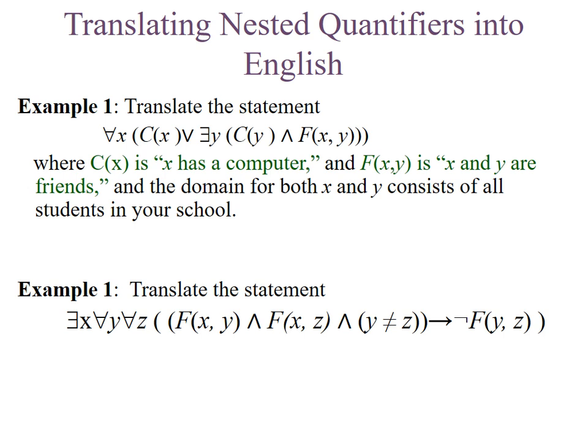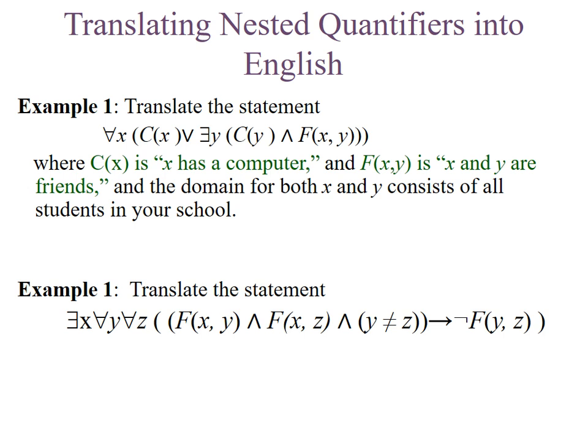Okay, for every student in our school, we have a compound proposition with two conditions. The first condition is c of x. That means for all students in our class, x has a computer. Or, for some y, c of y: y has a computer and y is a friend.